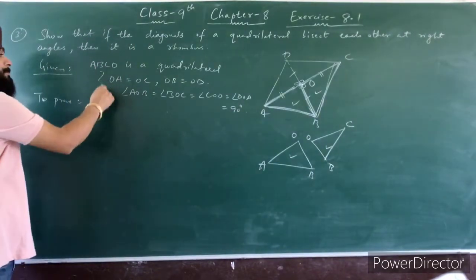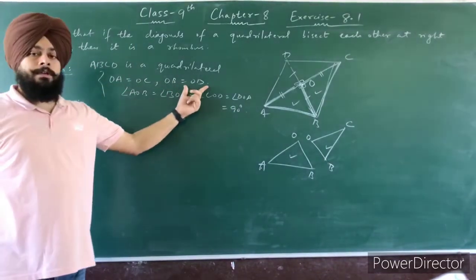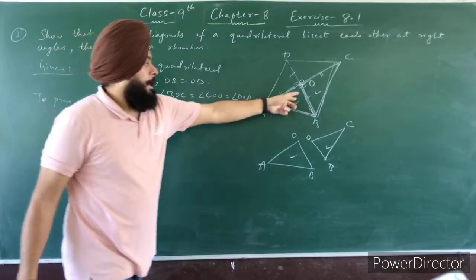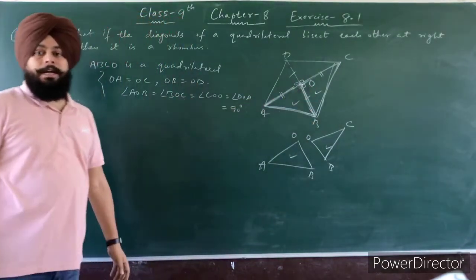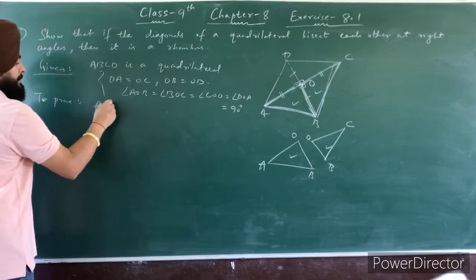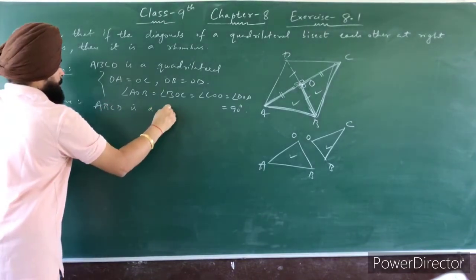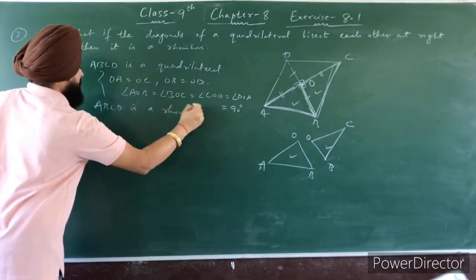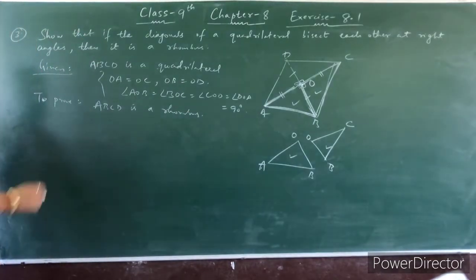This is given. The diagonals bisect each other and all of these angles are of measure 90 degrees. So to prove, ABCD is a rhombus.